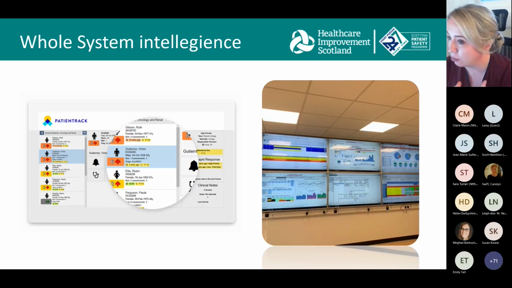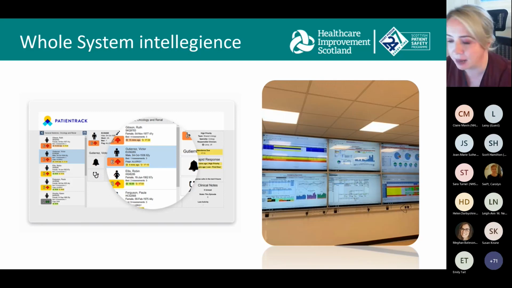In terms of Monklands Hospital, we also embarked on thinking about what we could do differently in terms of whole system, in terms of our huddle. So the picture on the right-hand side of your screen is our command and control centre. That's where we pull numerous pieces of intelligence across the site, things that you'll all be familiar with.